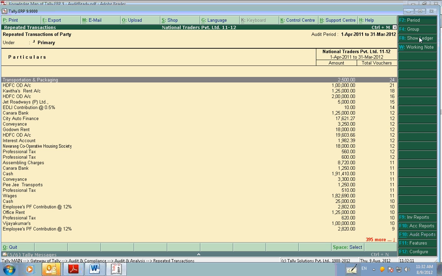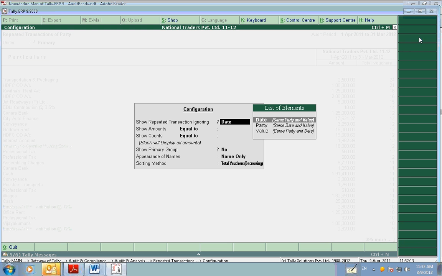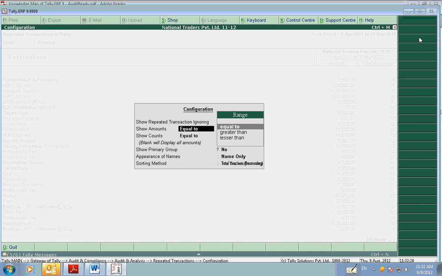In F12 we have the options because the same amount and the same party may be involved on different dates or the same date. The value being the same, party and date may be different. So accordingly you can have a filter on the amount, from this to this, so that I can drill down and check the same.